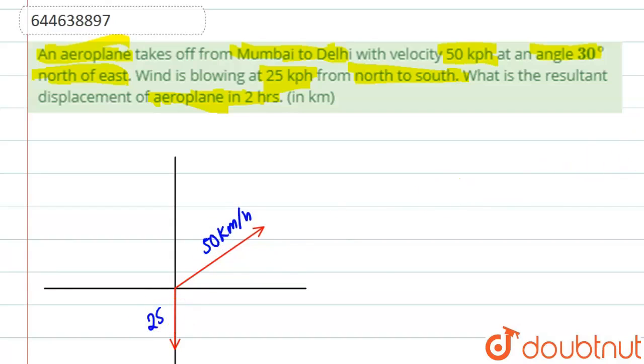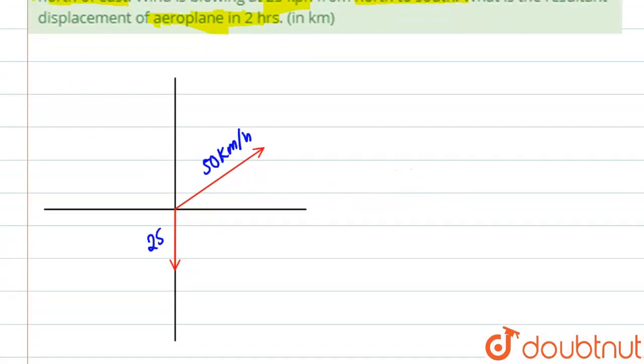So if we talk about the resultant, then what will it be? This is going 50, and after that it's coming down at 25. So you have to use the triangle law over here.